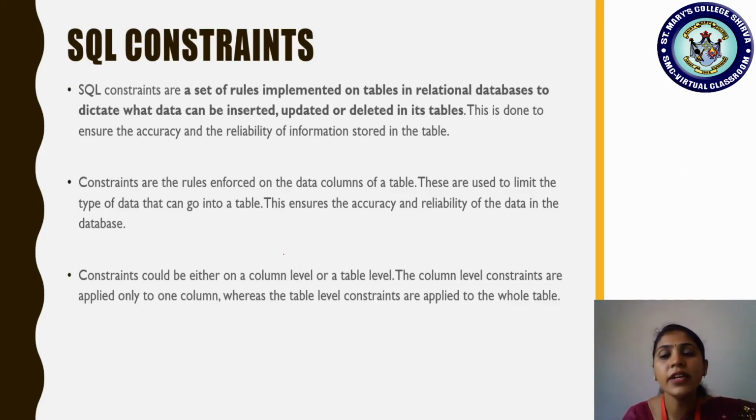The column level constraints are applied only to one column, whereas table level constraints are applied to the whole data. So if you categorize the constraints, one is column level, and another is table level. If it is column level, for any of the attributes of a table you can attach constraints.